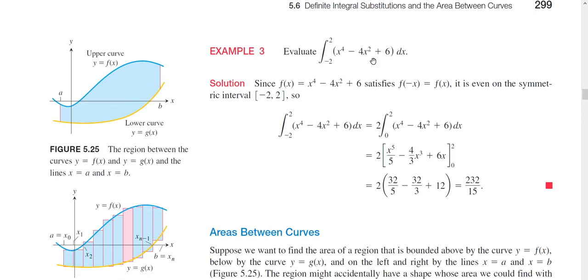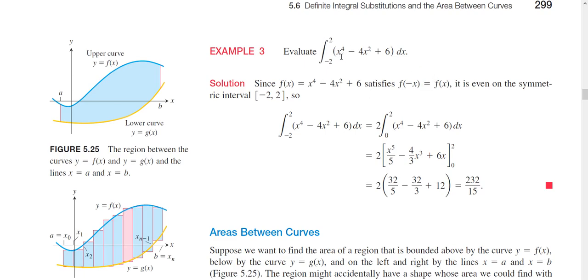So this is an example for the application of theorem number 8. Evaluate the integral from minus 2 to 2 of x to the fourth minus 4x square plus 6 with respect to x. Now see, x to the fourth minus 4x square plus 6 is an even function, because when we replace x by minus x in this function, the function remains unchanged, right?